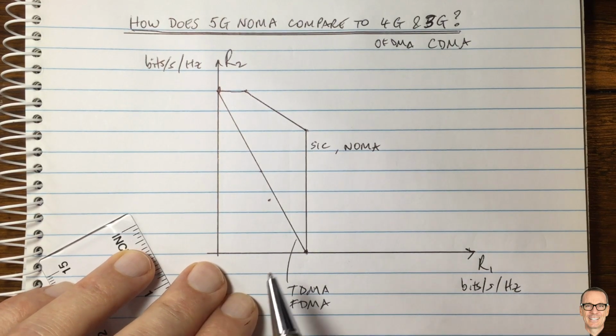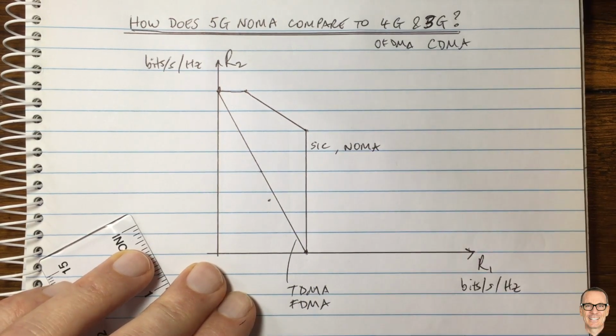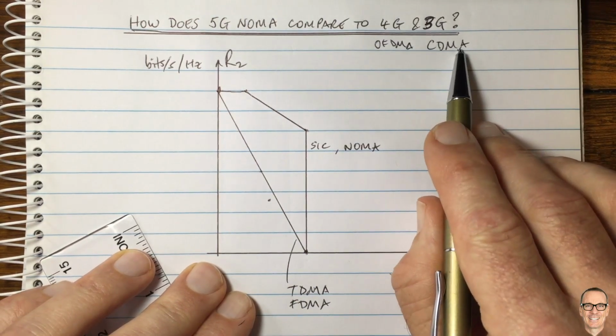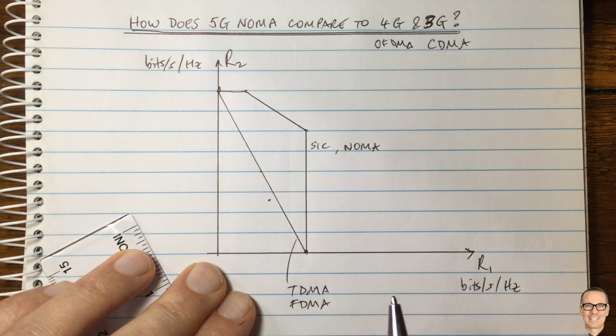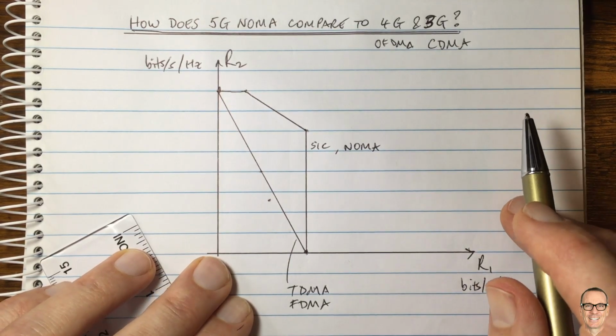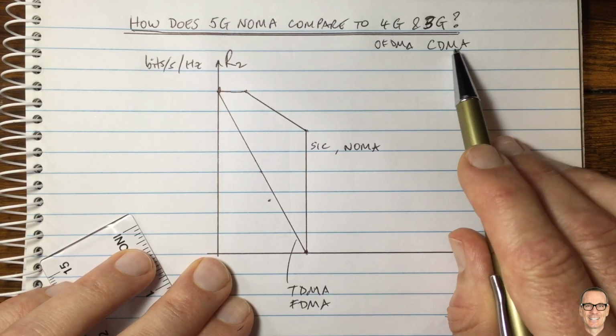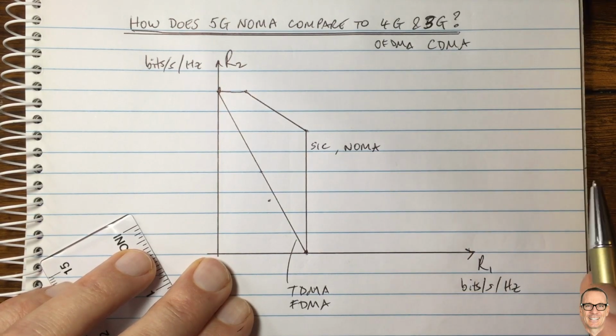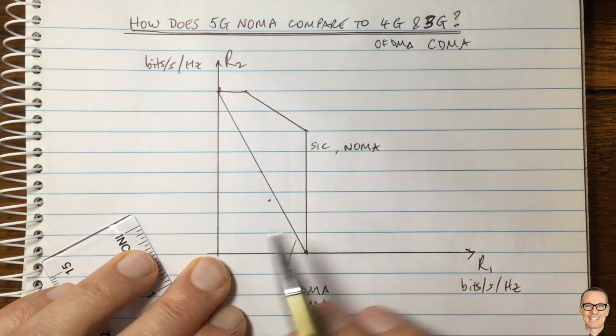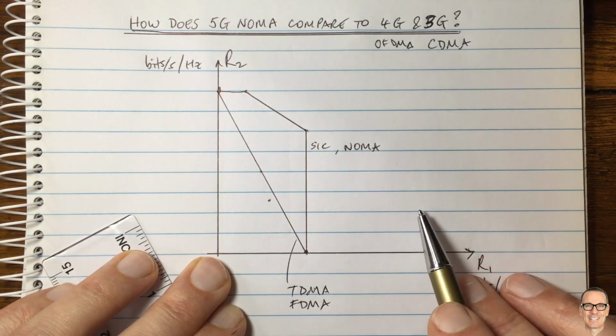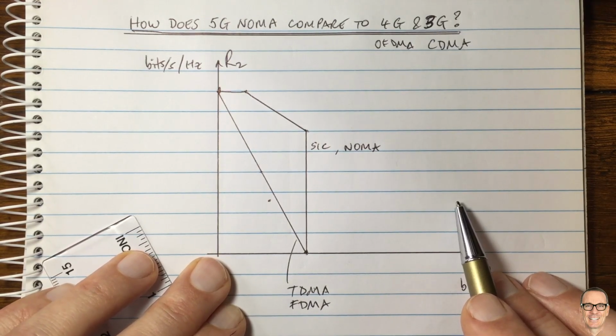So where does CDMA lie on this curve? Well, it depends on the flavor of CDMA. So let's think for a moment of purely orthogonal code division multiple access. You're using an orthogonal code to divide up the two users. In this case, there's two users, so you need a code of length 2 to make them orthogonal.